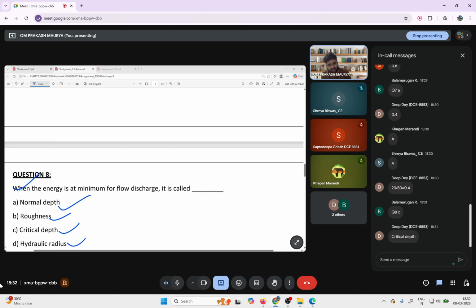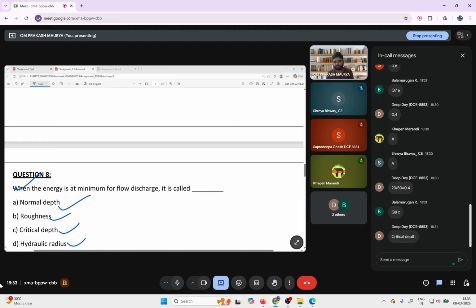If you have a discharge of 20 meter cube per second, at what depth should you maintain in the channel so that energy will be minimum? So two students are telling critical.